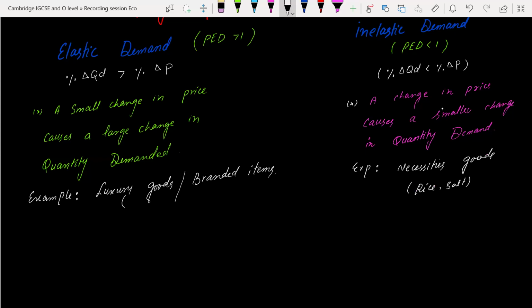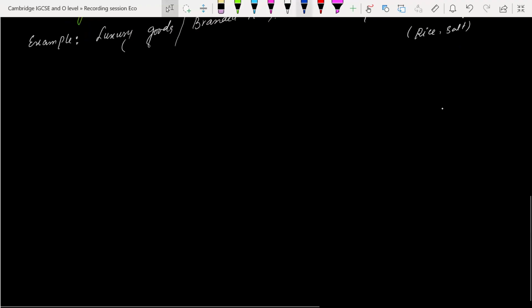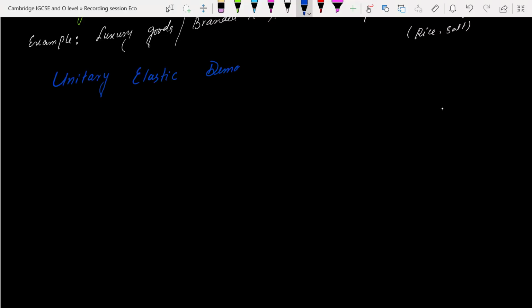Next one is unitary elastic demand. Unitary means unit, meaning one.